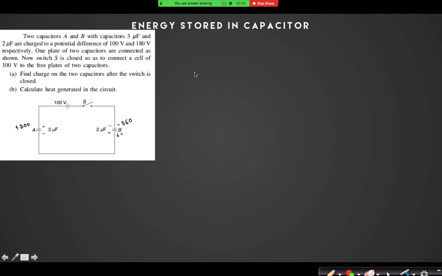Plus 360 and minus 300. Now as they are connected, can you see an isolated system like this? What is the total charge in that isolated system? 60 microcoulomb.